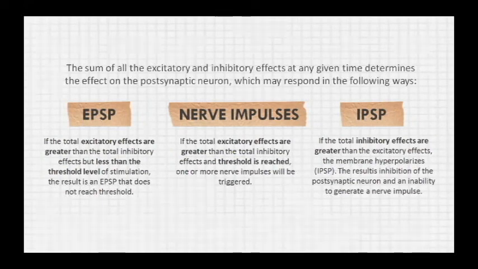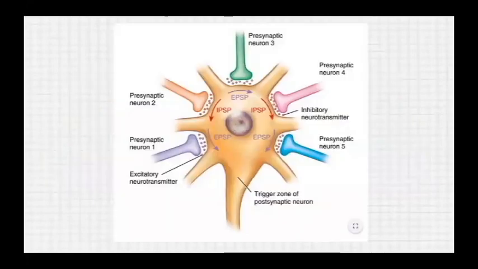So this is a diagram in which there is the postsynaptic neuron that is in contact with different other presynaptic neurons that produce either EPSP, IPSP, and such. Lastly is the neural circuits.